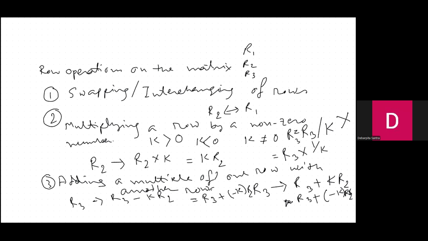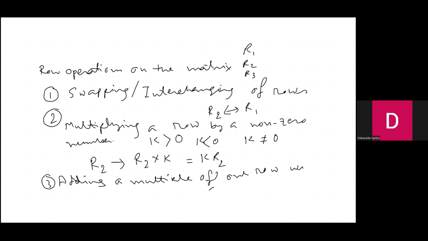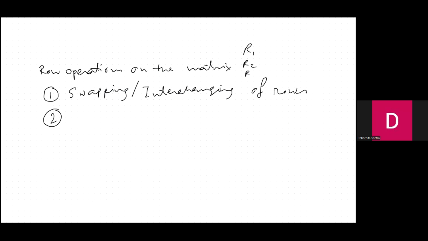Now, just let me delete these contents. Now, we take an example so that we can understand how to do the Gauss elimination method using the row operations.